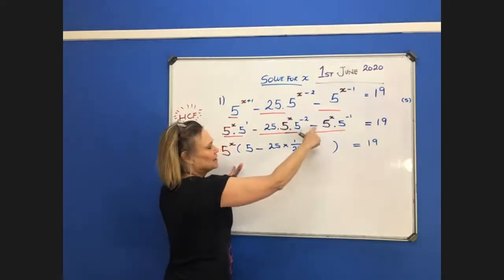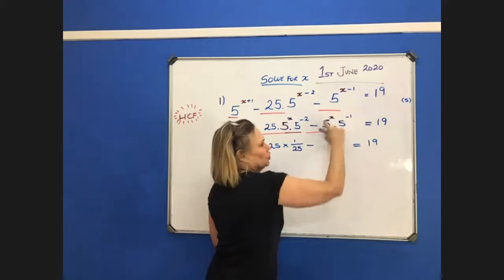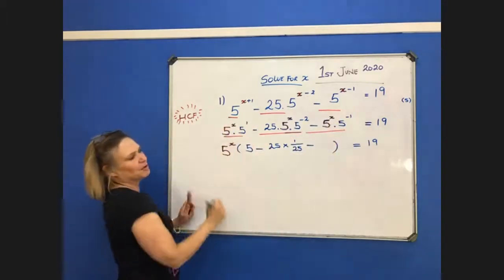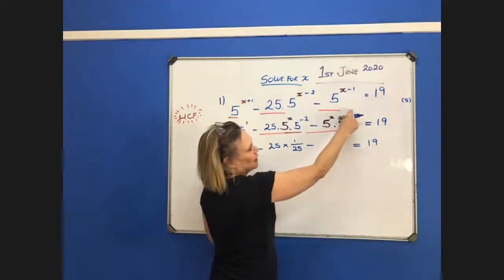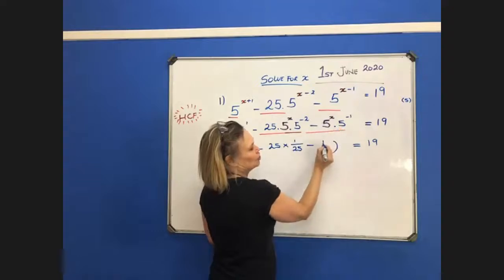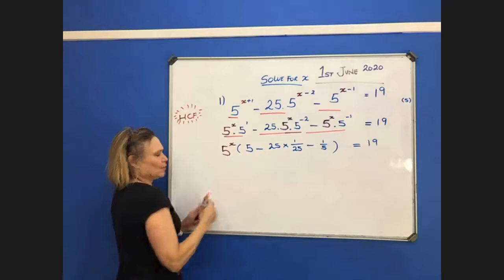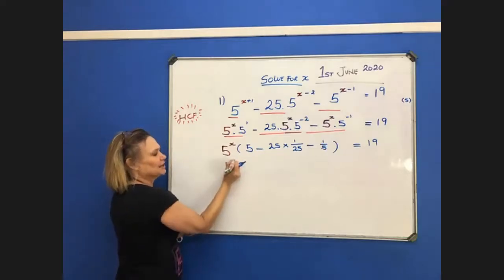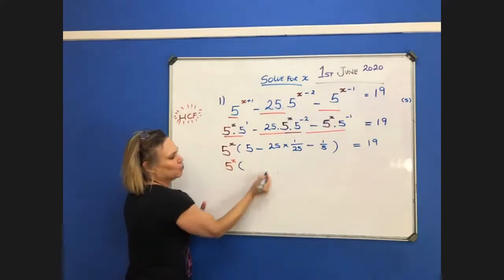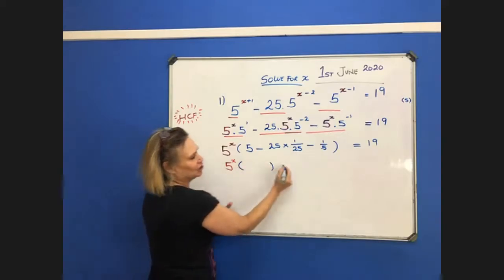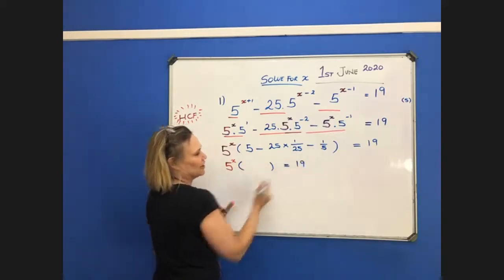Minus, when you divide the third term by 5 to the exponent of x, you're left with 5 to the minus 1, which is just a fifth. Flip it, okay? So we have our 5 to the x there. We're going to get one number, even if it's a fraction. We're not scared of fractions.